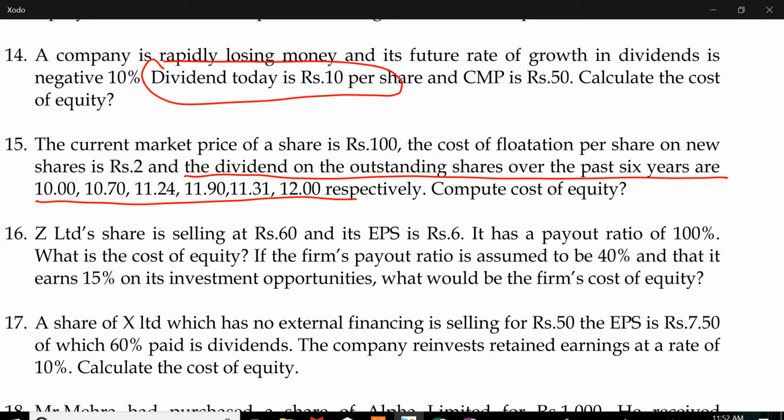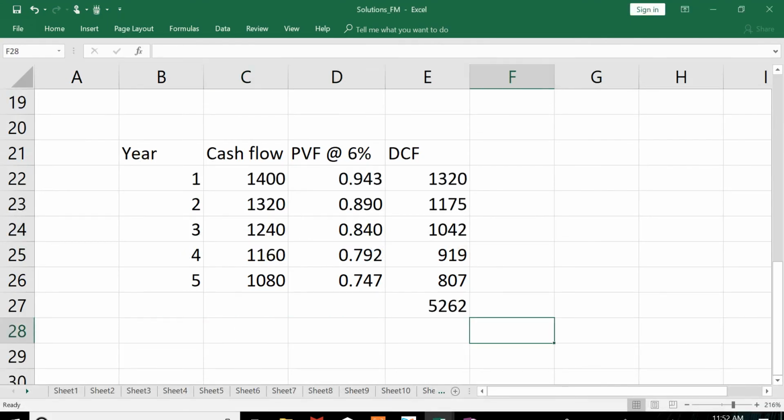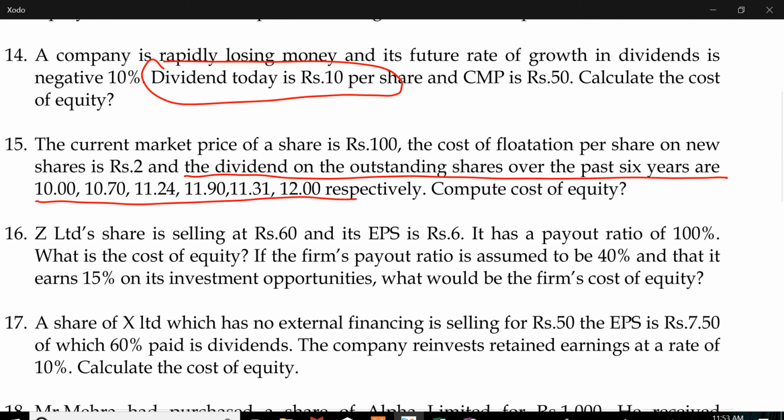Point number 1, dividends for the last 6 years is given. Dividend of rupees 10 has become rupees 12 in 5 years.